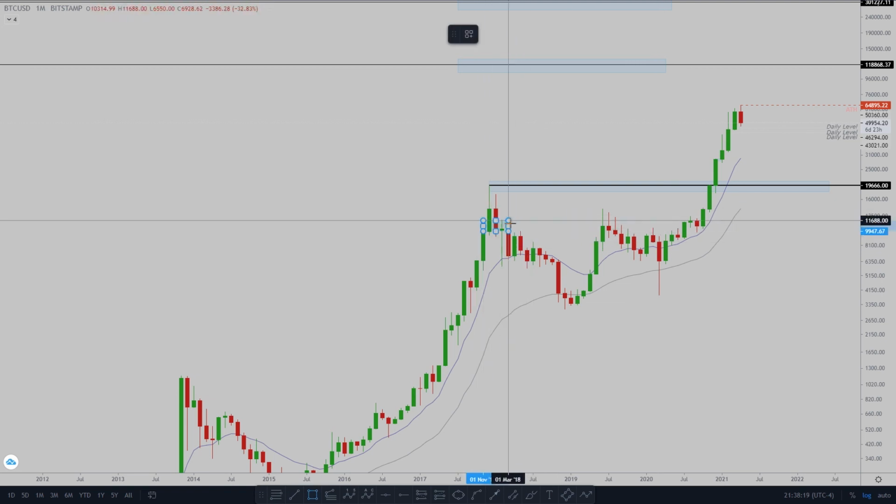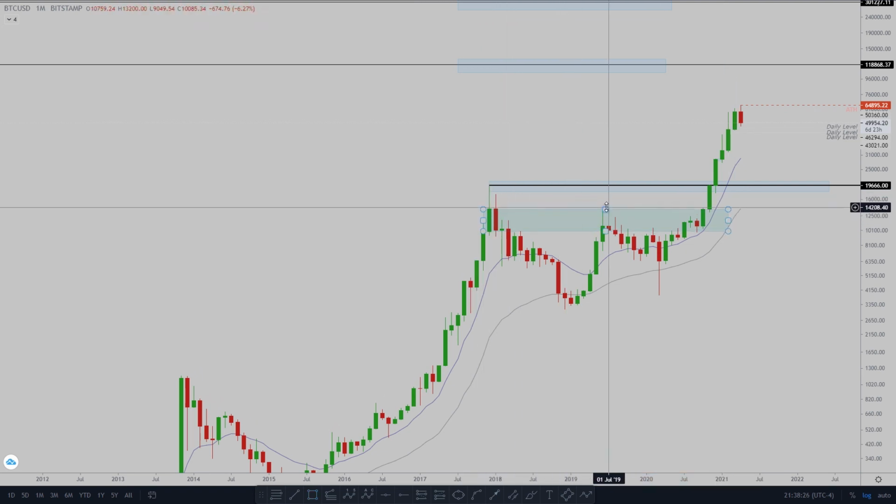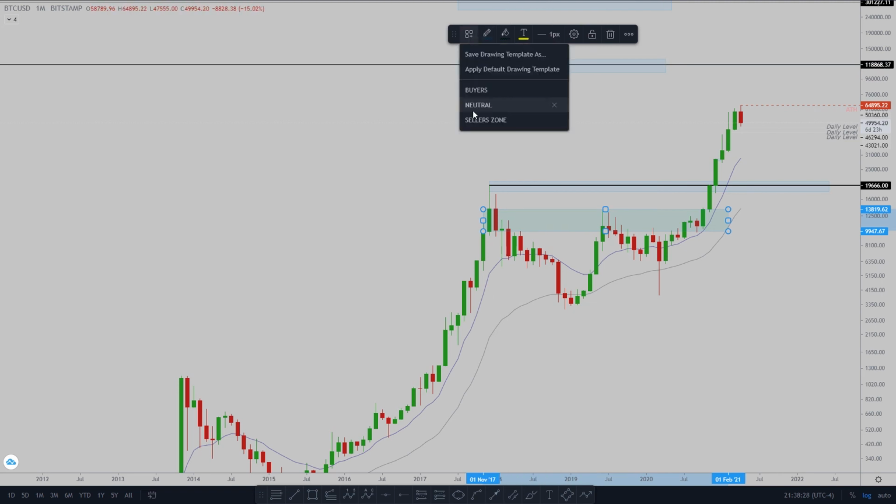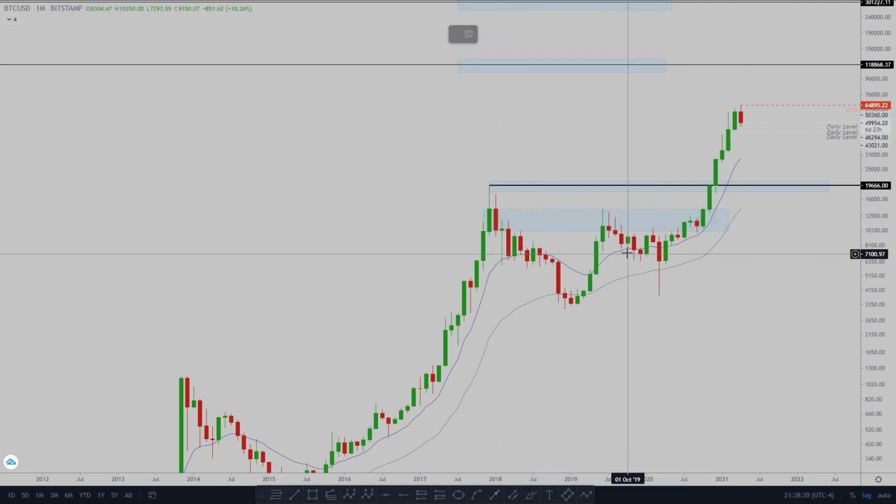This monthly close and all of this clutter over here, and from this monthly close to this monthly high was just so much resistance on these levels, right? Resistance so many times, right?